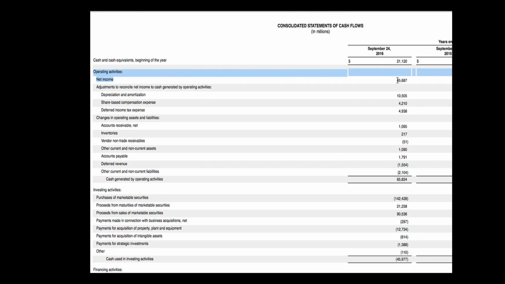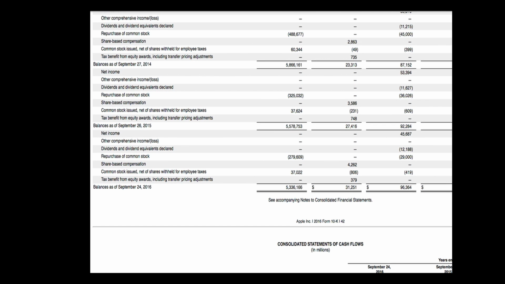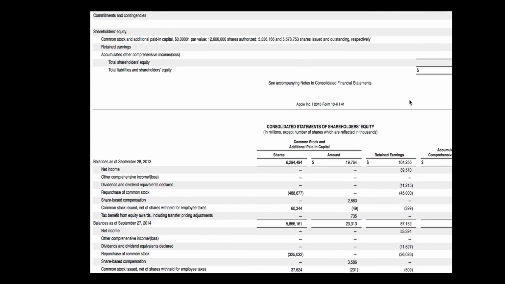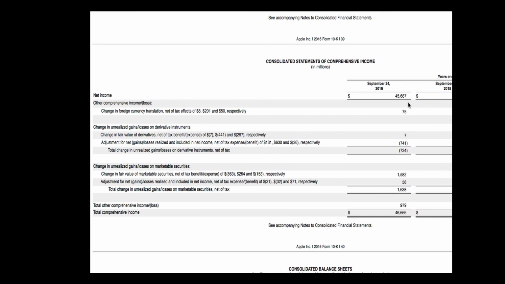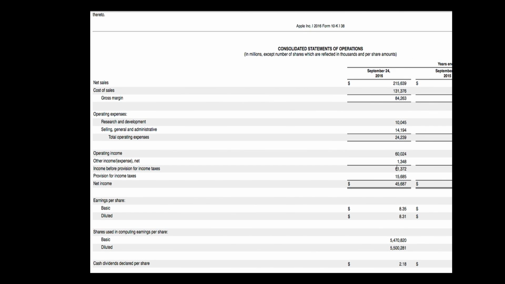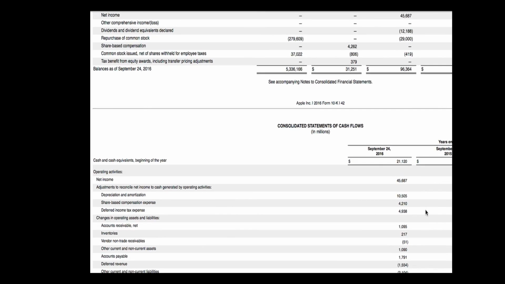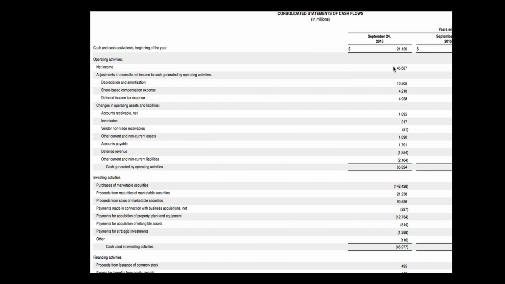We can see cash flows from operations, and again we see the net income coming from the income statement onto the cash flow statement, and then we see adjustments from that income to bring it into the actual cash that came in, right? To bring it into the actual cash. So we're pulling the net income and putting it down there on that cash flow statement, because we're going to reconcile that net income out to what was actually cash received or cash put in.